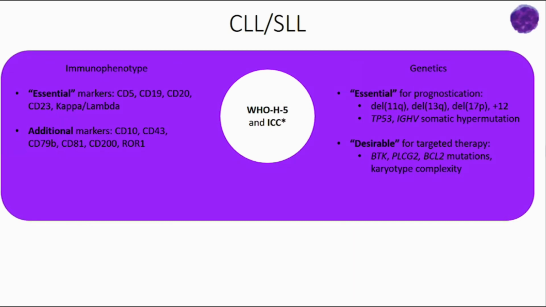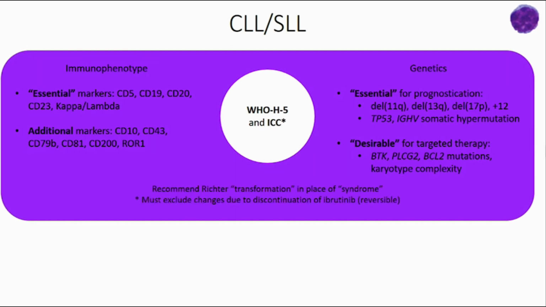So regarding CLL/SLL, there aren't really diagnostic criteria changes. There's just an agreement between both systems on the flow panel that should be used to work up CLL/SLL. They also stress the importance of knowing the mutational status of a few things for prognostication and for targeted therapies, things like immunoglobulin heavy chain and TP53.